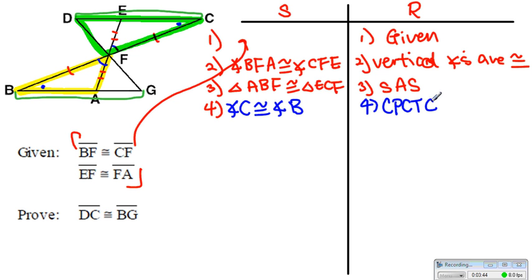Notice that this comes right after the congruent triangles. Now, statement number 5, the next one would have been angle DFC, this vertical angle, must be congruent to that vertical angle, angle GFB.